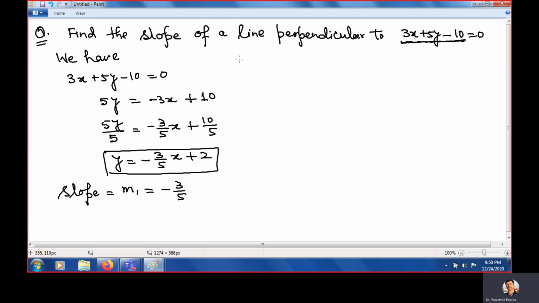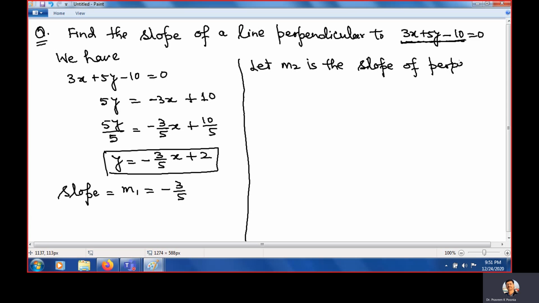This is the slope. Now let m2 be the slope of the perpendicular line.